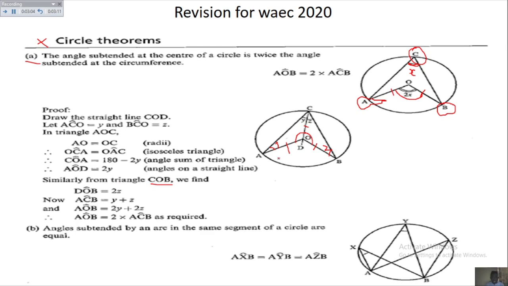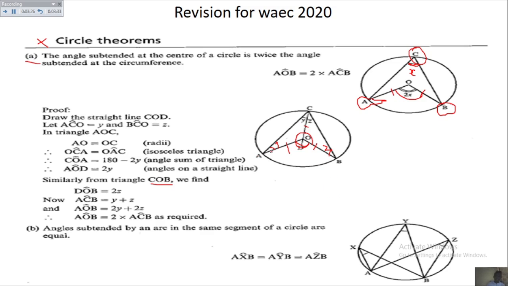Therefore, if you have to get this particular one, angles at a point, by the time you add everything together, you discover that the angle AOB at the center is twice the angle ACB.